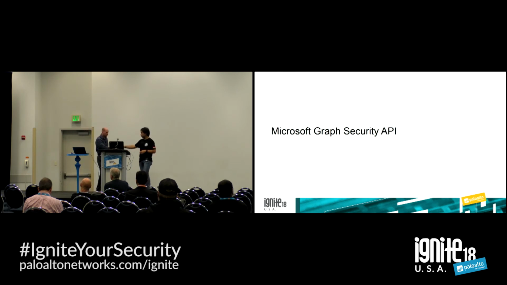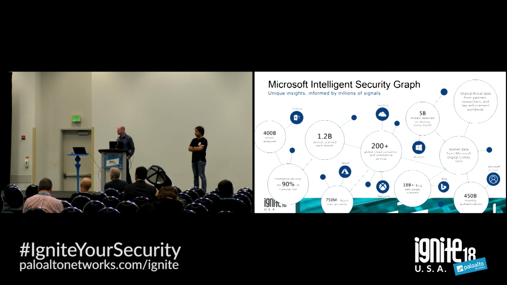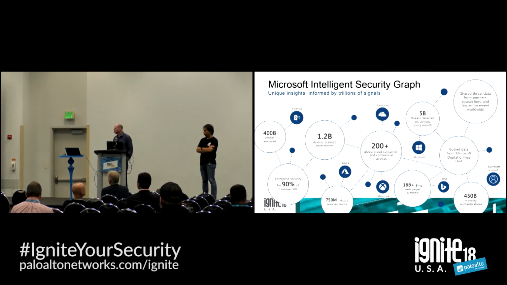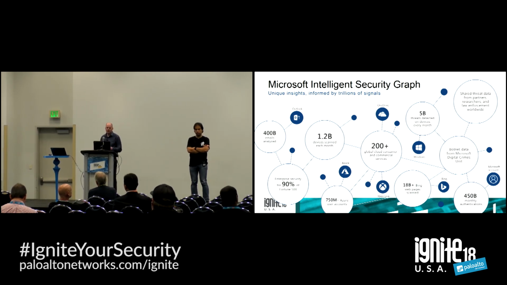Thanks, Francesco. So let's talk about the Microsoft Security API. So we released this at RSA about 3 weeks ago. And the idea behind the Security API stems from what we call the Microsoft Intelligent Security Graph. Now, the Security Graph is a story that started about 2015 when Satya, our CEO, first mentioned it at a government security conference.